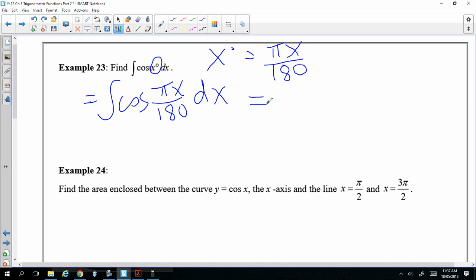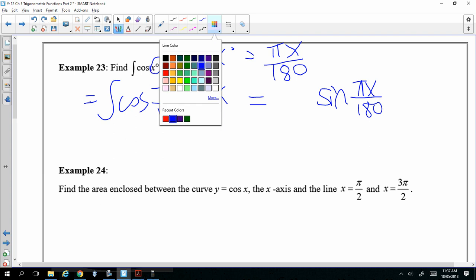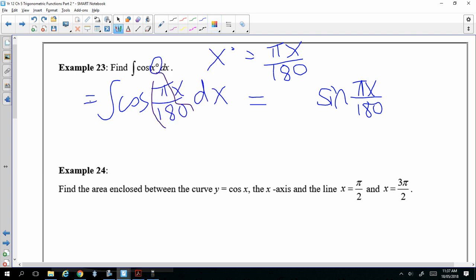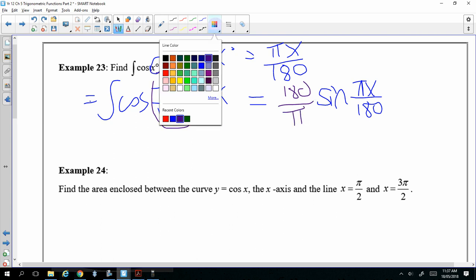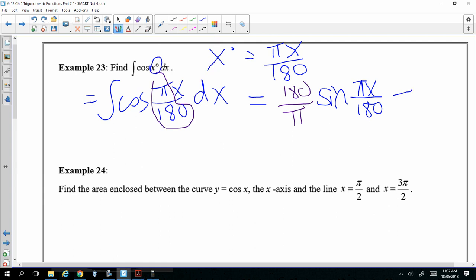And then you divide by the reciprocal of this. So you do 180 over pi, like that, 180 over pi plus c. And that becomes x degree. So sine x degree with extra factor in front.